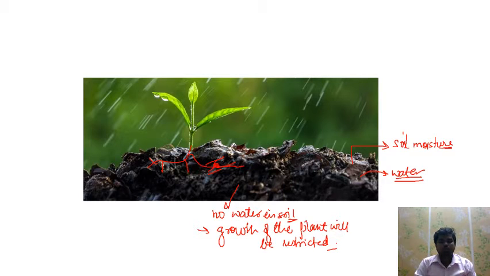Okay, students. So tell me what you can say about soil moisture. What is soil moisture? So we can say that if it is a soil, and there is a thin film of water around this soil, this makes up the soil moisture.